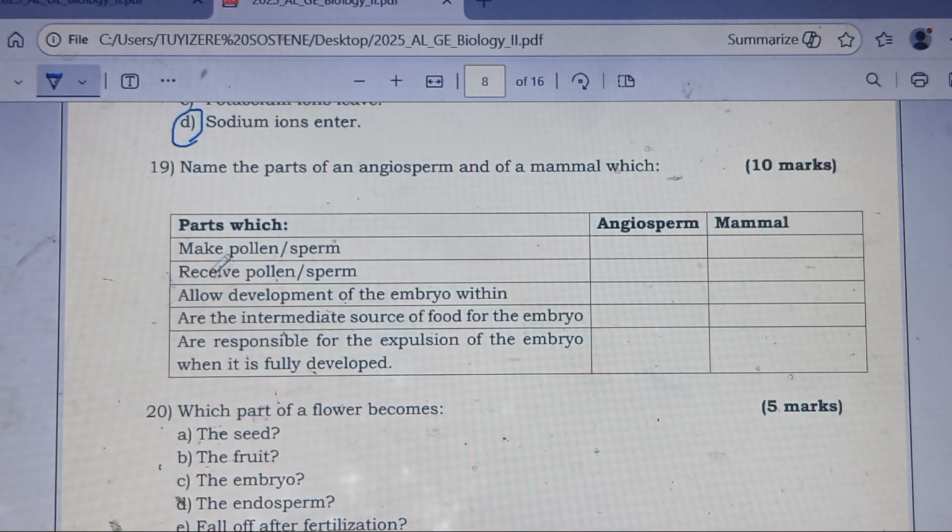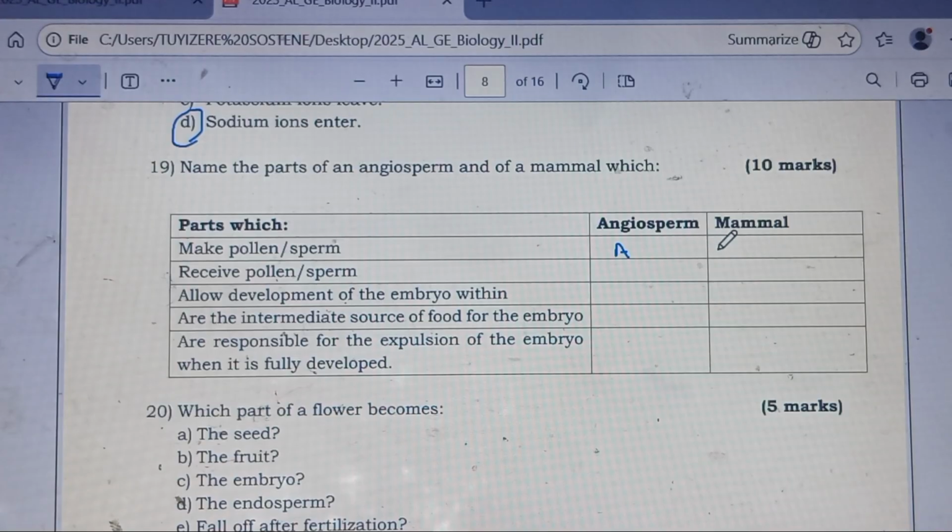Question number 19. Name the part of angiosperm and mammal which make pollen and sperm. Here, what makes pollen is called the anther.